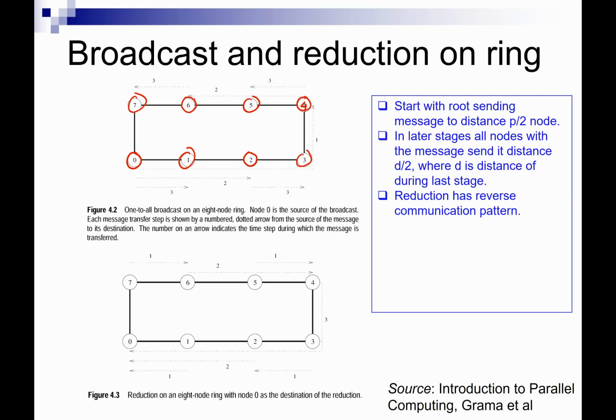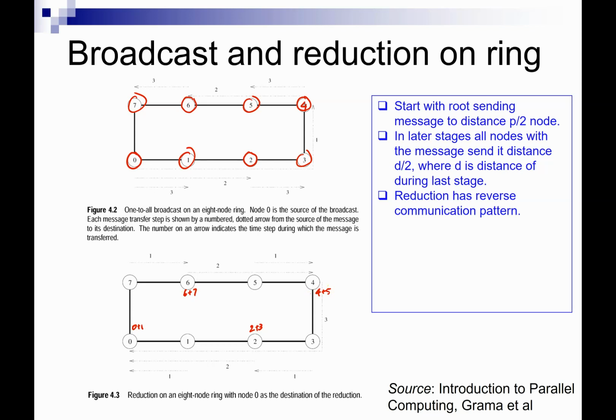For example, 7 is going to send a message to 6, and when 6 gets that message, it's going to add its own value to 7's value. 4 is going to get a value from 5, so it's going to add those together. 2 is going to get a value from 3, which it adds, and then 0 gets a value from 1. So that's step number 1.